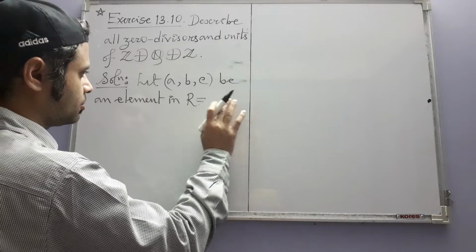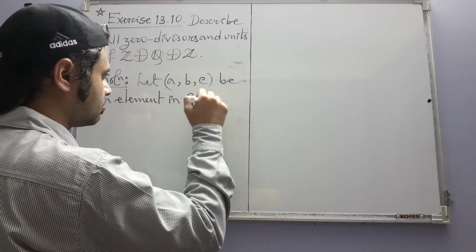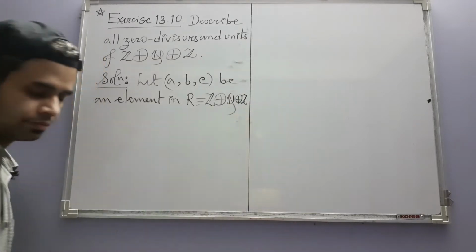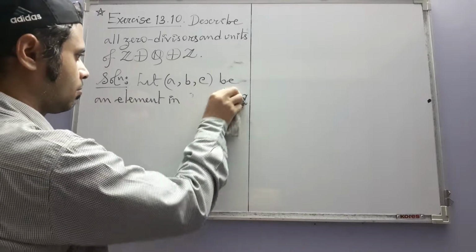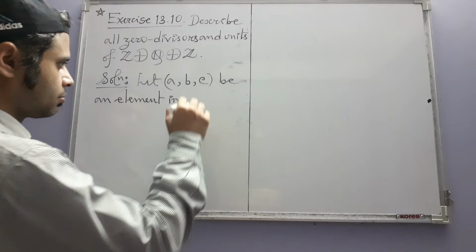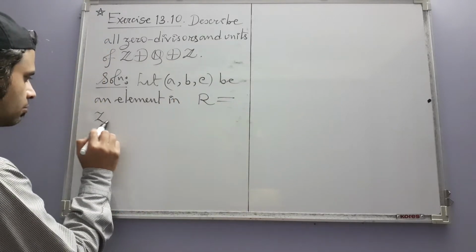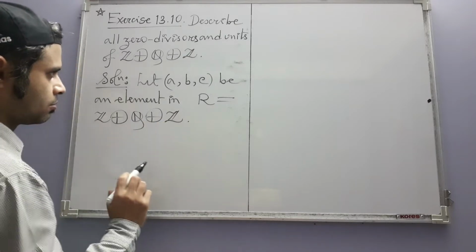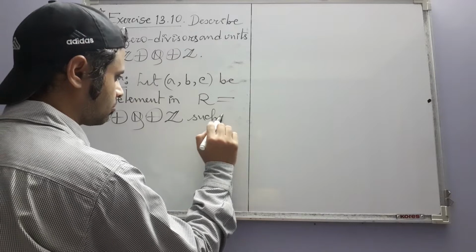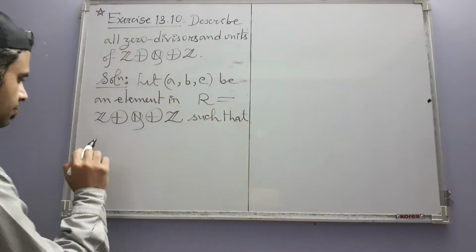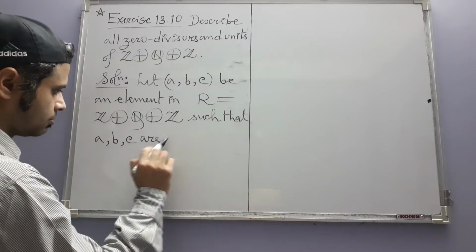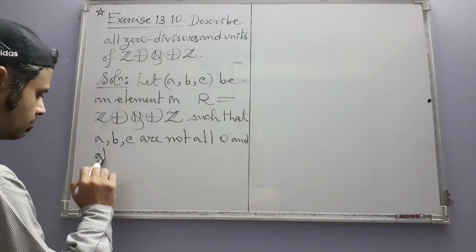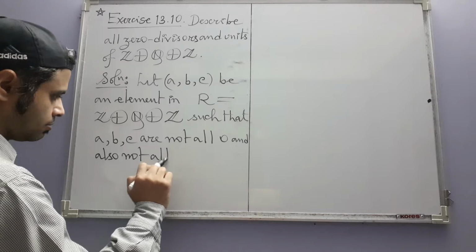We will have to write this ring quite a few times, so let's just call it R. Such that these are not all zero and also not all non-zero.